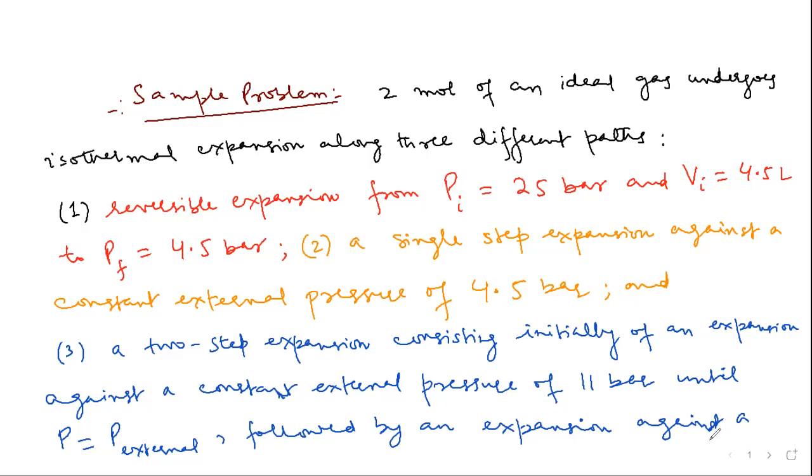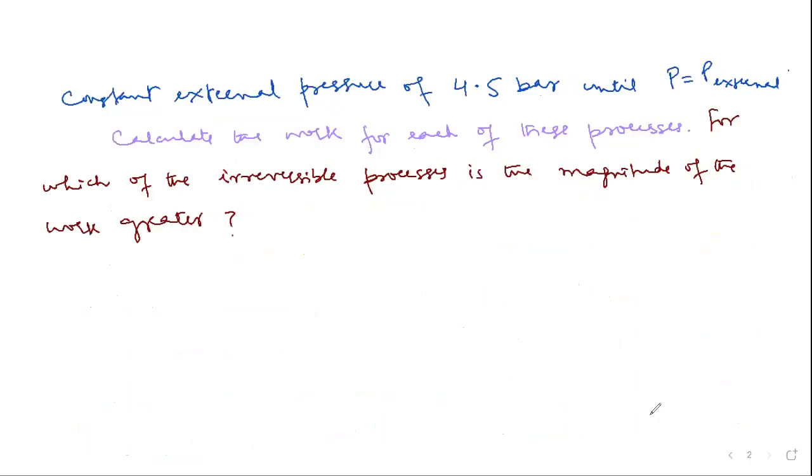And third one, a two-step expansion consisting initially of an expansion against a constant external pressure of 11 bar until P is equal to P external, followed by an expansion against a constant external pressure of 4.5 bar until P is equal to P external, right?